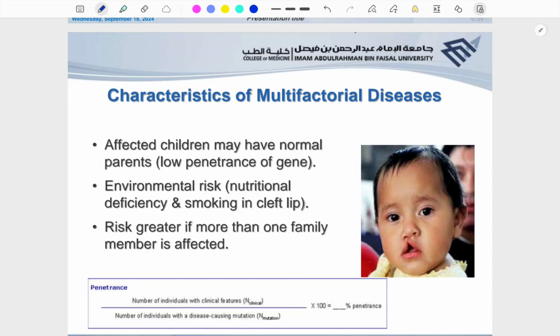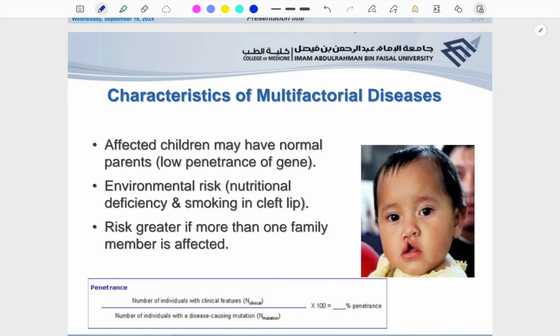This child is going to be made of genes of the father and genes of the mother. The genes of the father are diluted: not all the genes which lead to that condition are there. The genes of the mother are diluted too. But if you take both and add them together, now the child has a full span of all the genes which could lead to that type of condition.